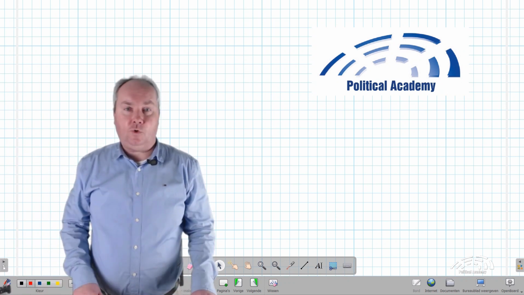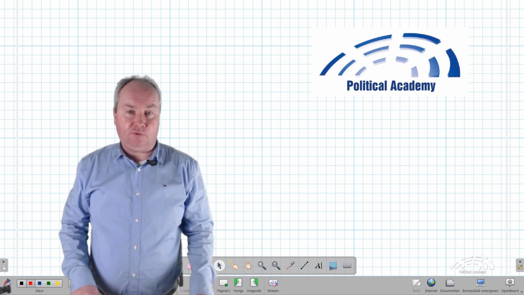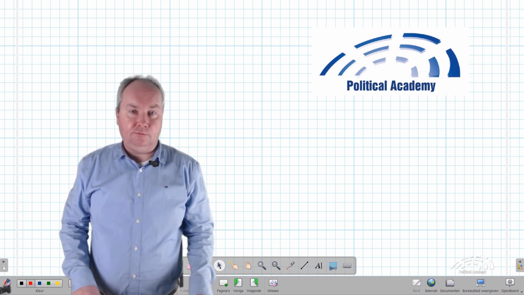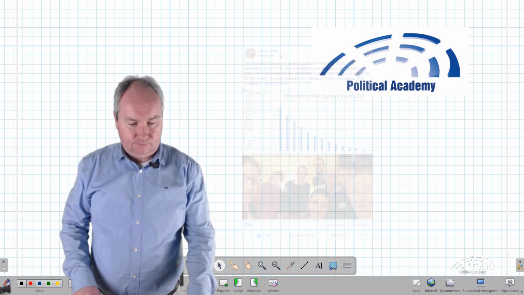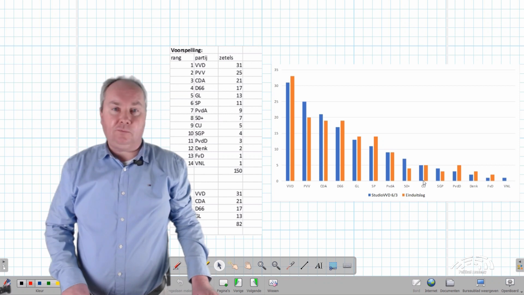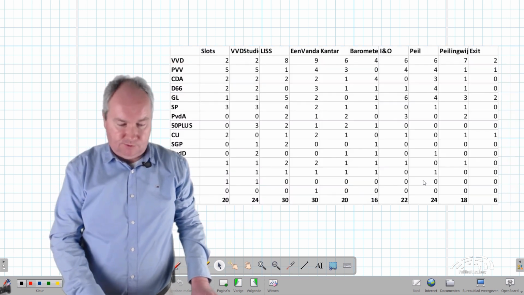In March, 1 week before the election, together with political enthusiasts from Rotterdam, VVD Studio, we added party names to the sequence and posted it on Facebook. Later, we could compare our prediction with those of major Dutch polling organizations. The prediction of slots was as good or better than most pollsters.